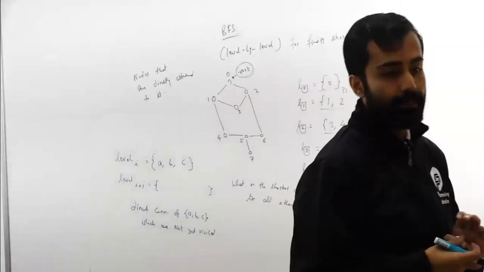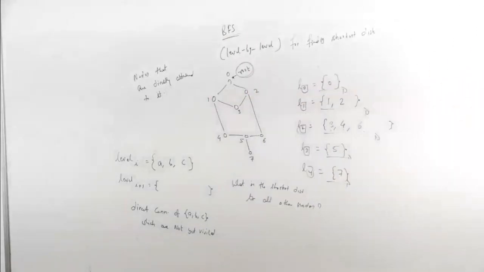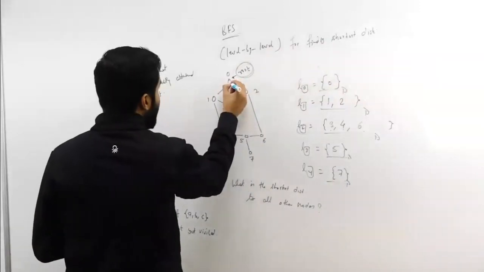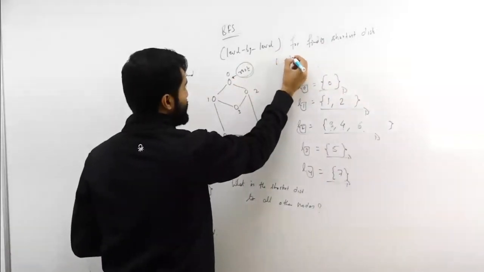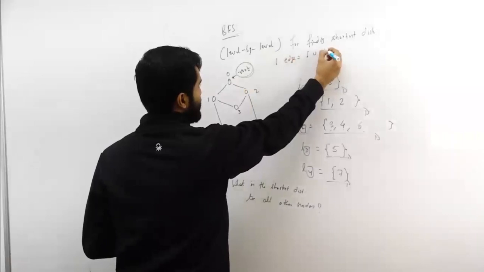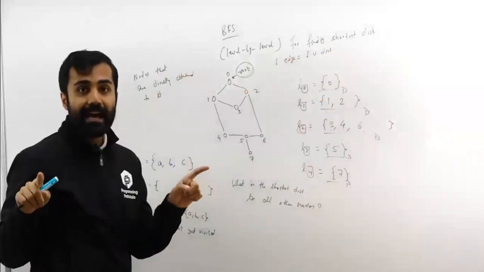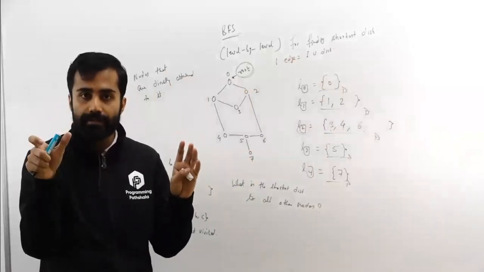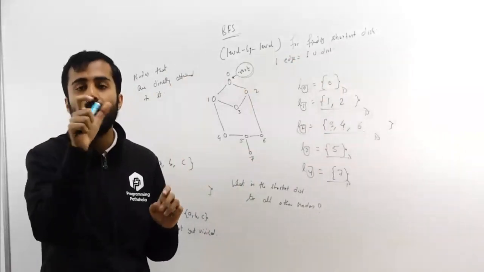It can very easily be computed using breadth first search traversal. And why is it happening? It is happening because I have assumed that one edge means 1 unit distance, and my edges are not weighted. Every edge has the same cost or same weight associated with it.